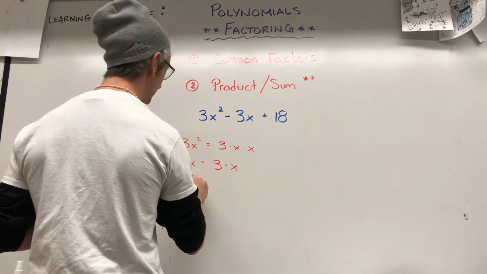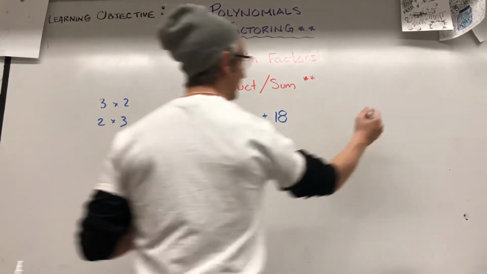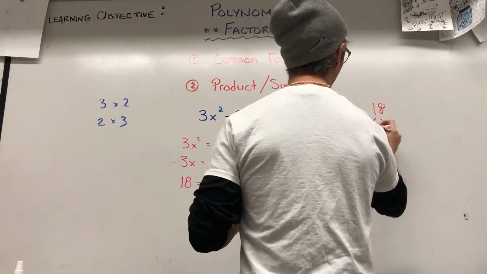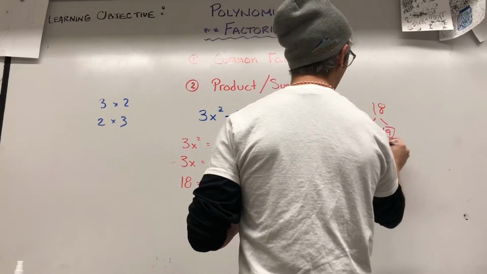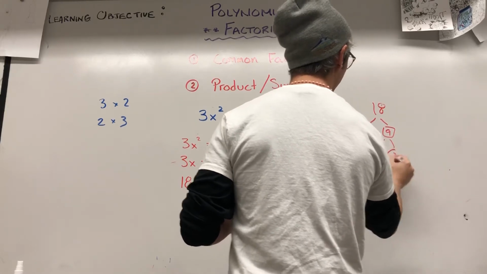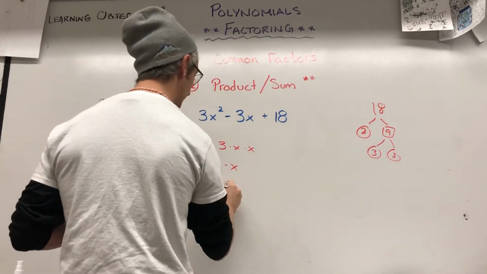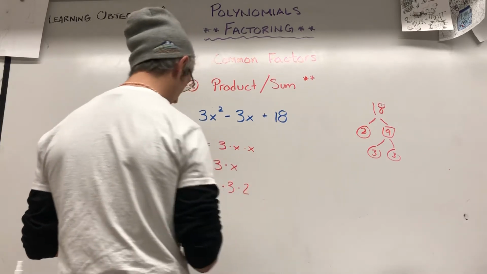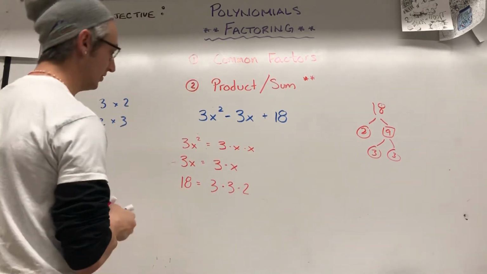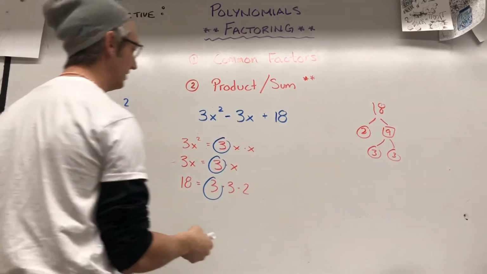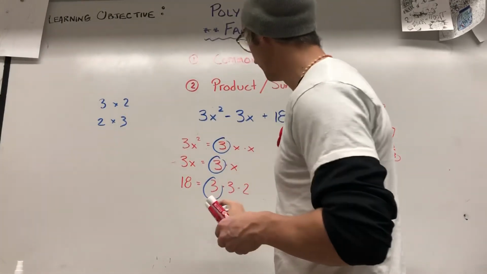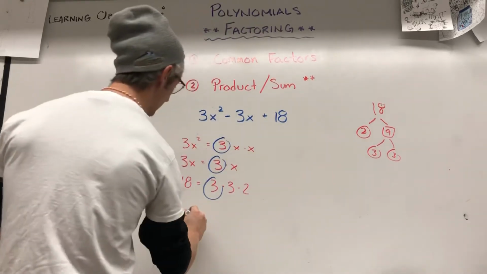And then 18 breaks down into 2 times 9, and then 9 breaks down into 3. So 3 times 3 times 2. So across all three of these, what I have in common is 1, 3. So I can rewrite that as 3.